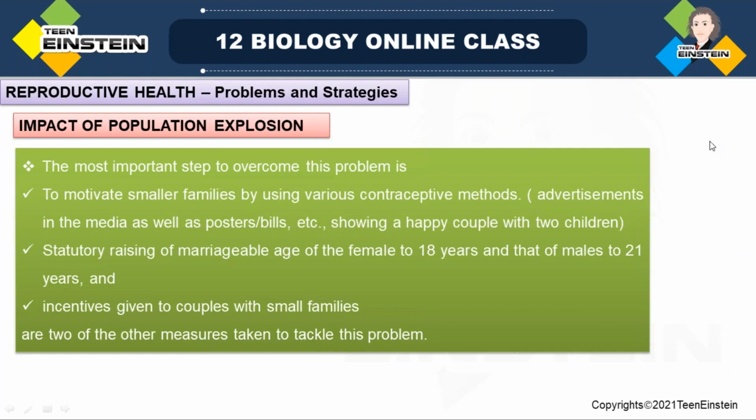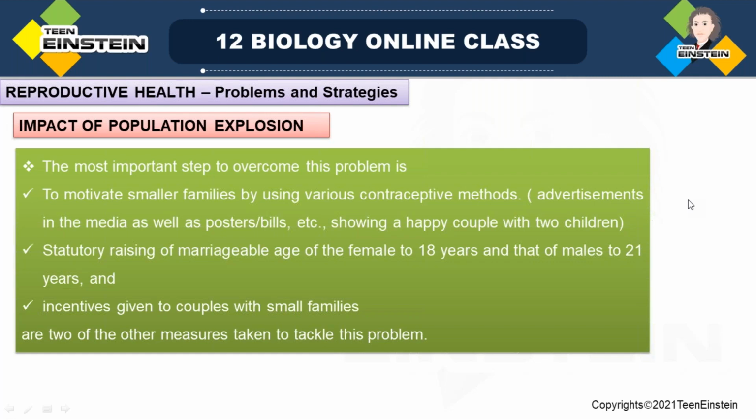Now we are encouraging a couple with 1 child. We can motivate them to use various contraceptive methods, so that we can reduce the population.